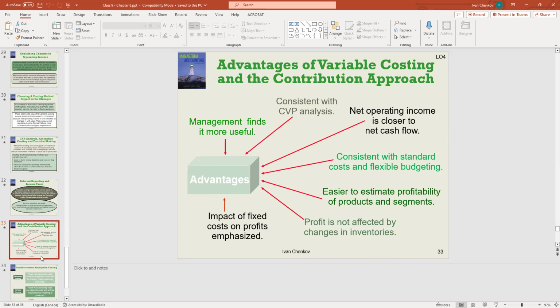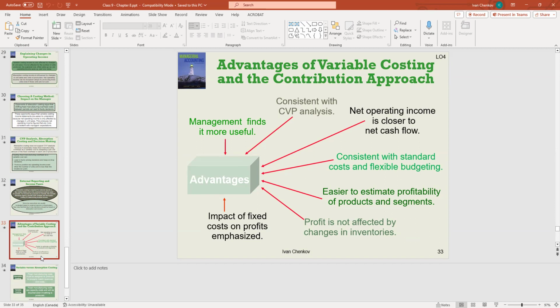The other advantage is the net operating income is close to the cash flow. It's consistent with the standard costing and flexible budgeting. Easier to estimate the profitability of the product and segment. The profits are not affected by the change in the inventory. That's one thing that you should remember. And you should use it knowing that.